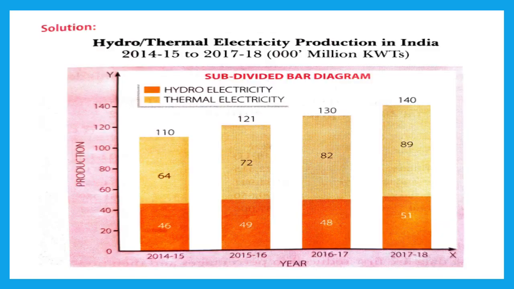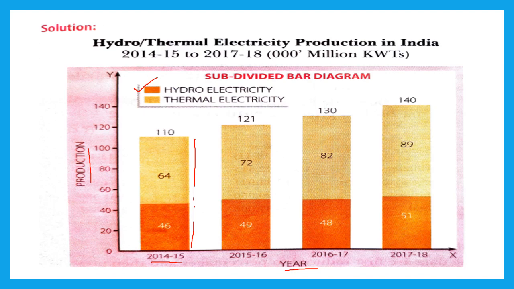Now see, this is the representation. On x-axis year is taken, on y-axis production is taken. Okay. So during the year 2014 to 15, my hydroelectricity, that is represented with orange color, was 46 and thermal electricity production was 64.